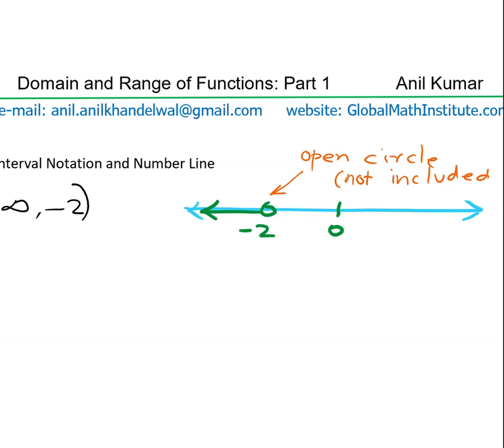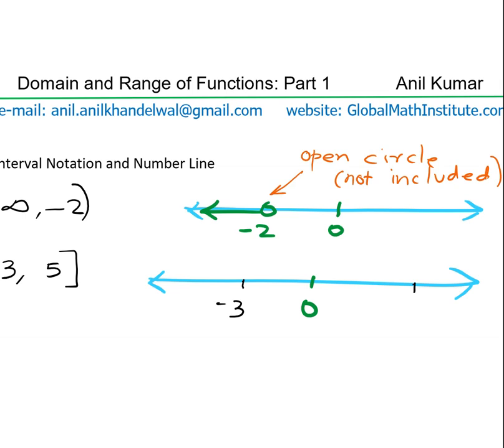Now, this is very important, and therefore I kind of introduced it in between. So let me take another example. We could have something like this from -3 to, let's say, 5, and we include both of them. Then in that case, on a number line, how are you going to represent it? Well, clearly, let's say this is our 0. We're talking about the 2 points which are -3 and 5. Perfect. We're interested in everything in between them, including them.